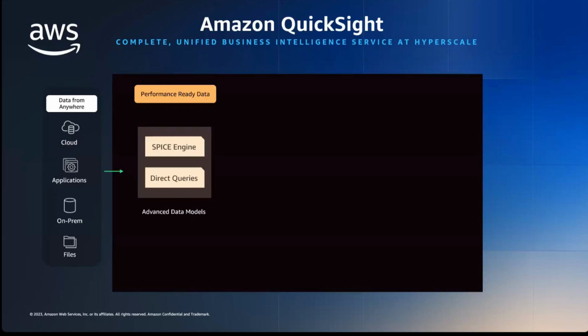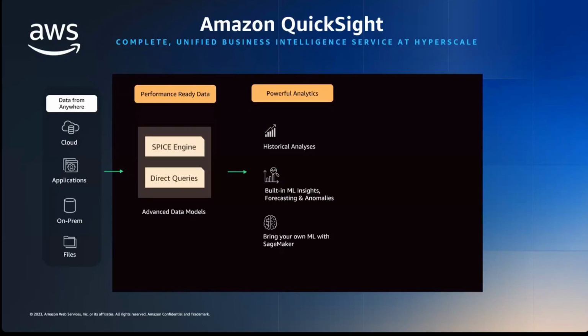Once you have connected your data, you can then leverage QuickSight's proprietary high-performance data engine called SPICE to accelerate performance or run your queries directly with the data sources that you have. You can combine multiple data sources within QuickSight's data layer to get a holistic view across all your data.